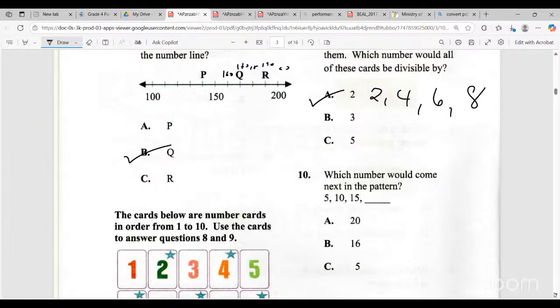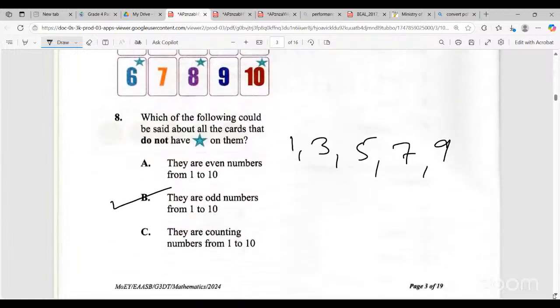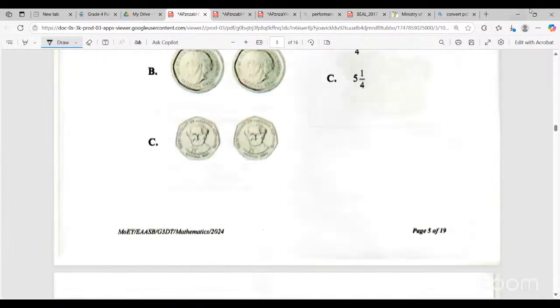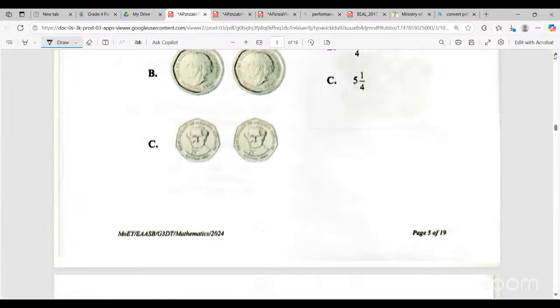So 5, 10, 15. Everybody should know that one. Let's see what you guys choose. 20. Very good. They're going up by 5. Everyone should know that. 5, 10, 15, 20, 25. All right, let's go.